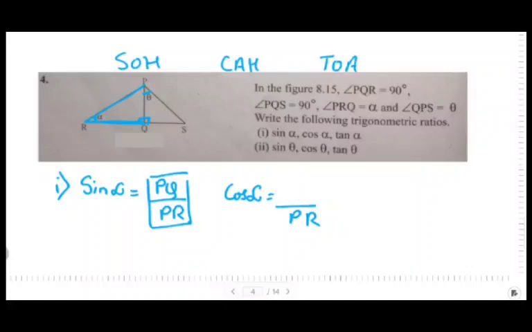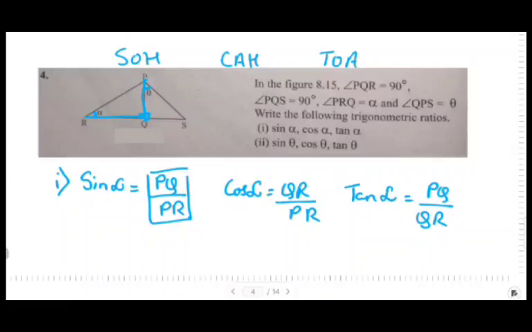Doesn't QR sound better? QR. And tan alpha is opposite upon adjacent. So opposite is PQ, and adjacent is QR. This one. Alright.